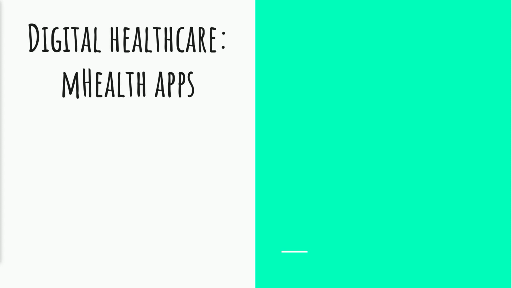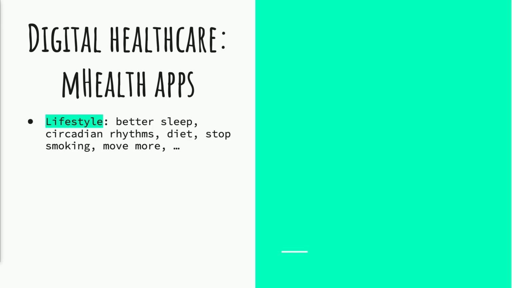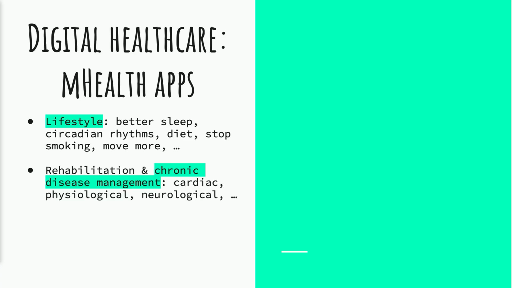Okay, so how is this used in digital healthcare, especially in mHealth apps? It could be used, for example, in lifestyle to improve sleep, to sleep better, or to improve circadian rhythms. It could also be used for improving diet, stopping smoking, moving more, and so on. Then in some projects we are also using it in rehabilitation and chronic disease management.